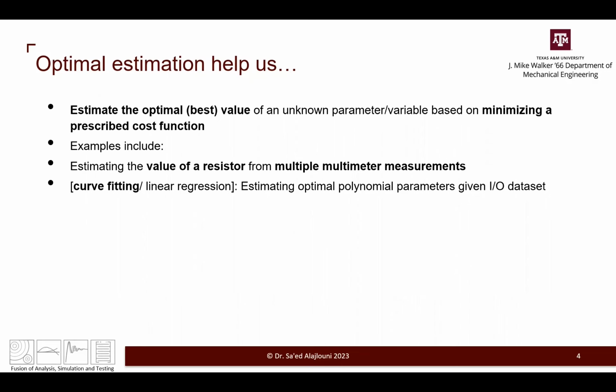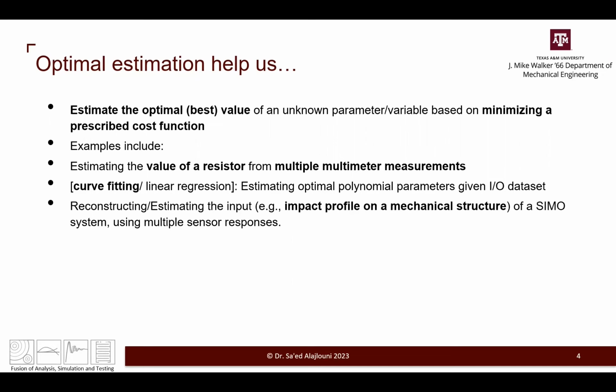Curve fitting, linear regression, which is an important thing, and I'm sure at some point you will do it. Like, for example, estimating the coefficients of a polynomial given some sample input-output data. And linear regression is also done a lot in machine learning. So it has important applications.